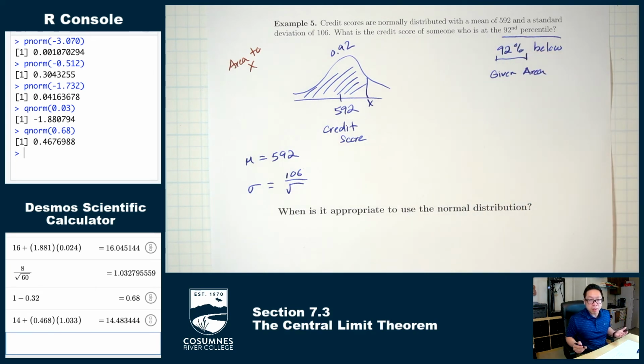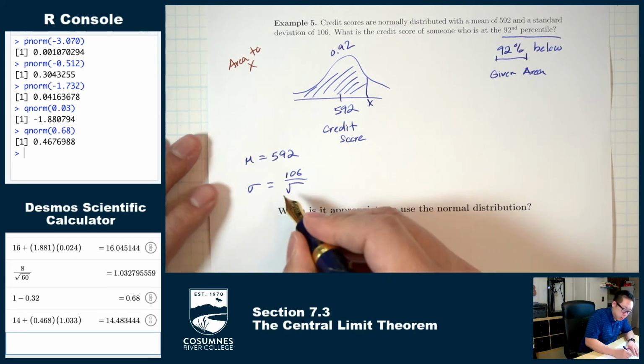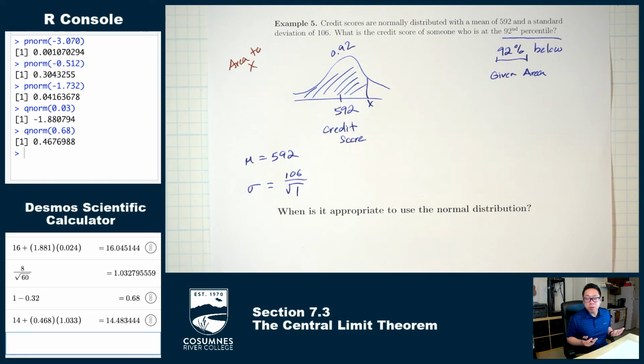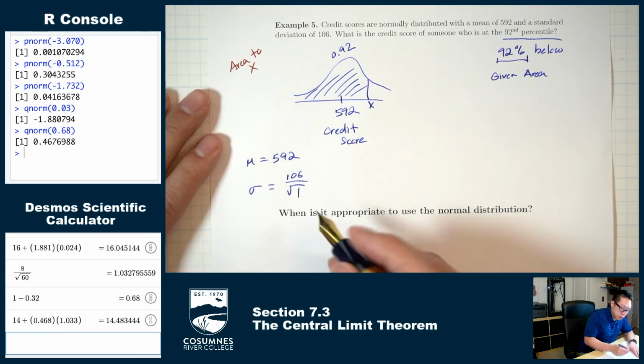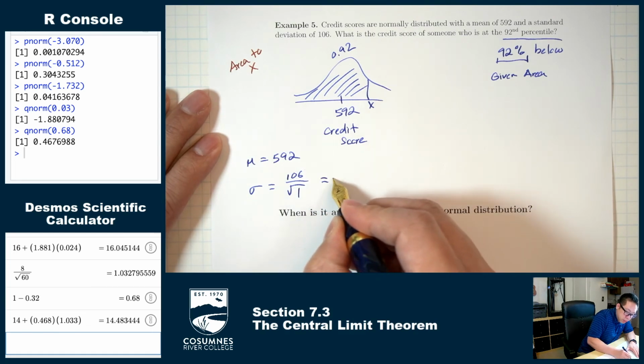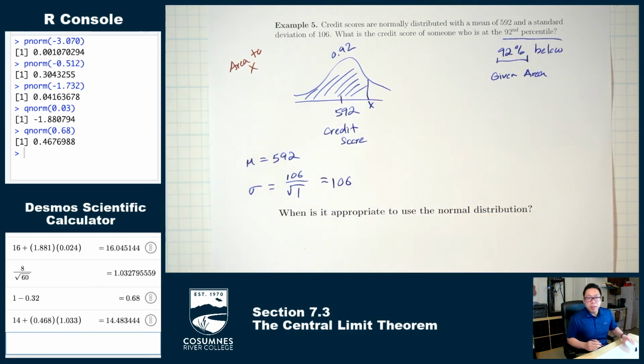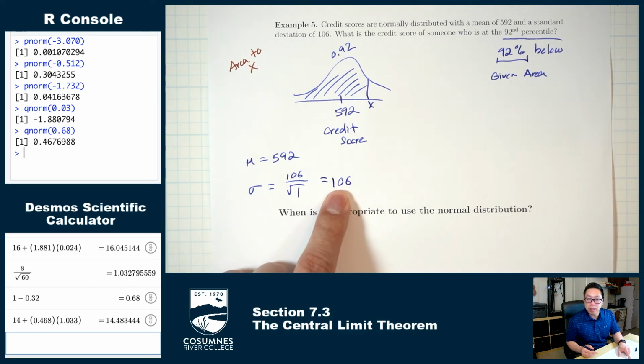There's no sample size. So if you're not given a sample size, you're going to assume that's one person. In other words, 106 divided by square root of 1 is just going to be 106. In other words, if you're not given a sample size, you're going to use the original standard deviation.